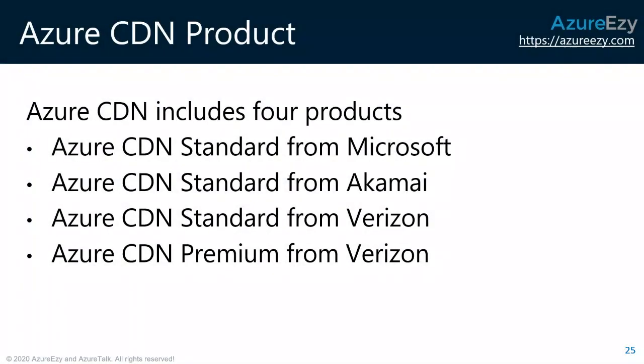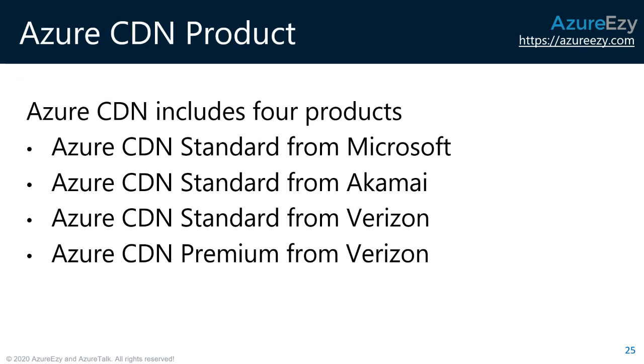Then in Azure, you have different CDN products. When we say different CDN products, we have Azure CDN from Microsoft. You can use Azure CDN from Akamai. You can use Azure CDN from Verizon, that is the standard version, or you can use Azure CDN Premium from Verizon.